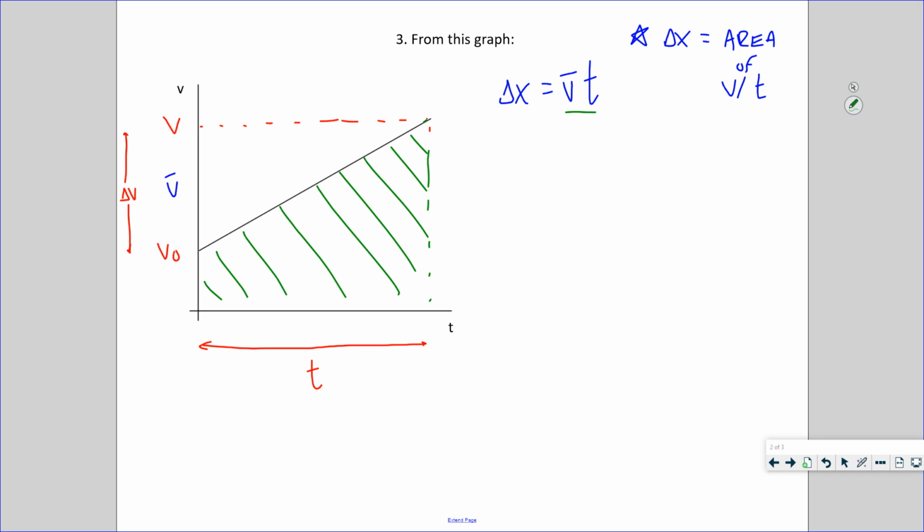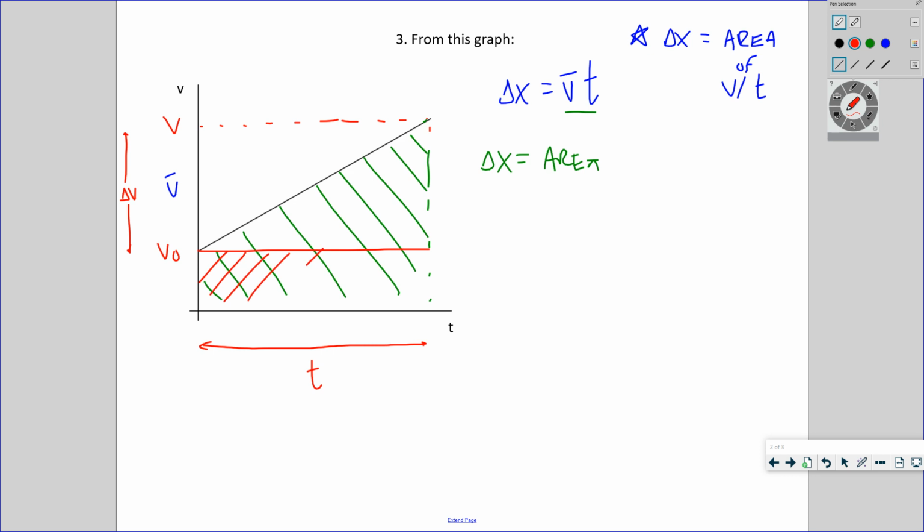So the question is, what's that area? That area, delta x, is that area. And that area can be broken up into two parts. That area can be broken up into this part and into this part. Now, I'm going to say this.